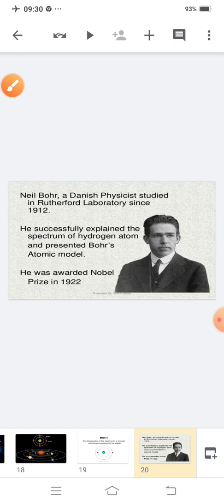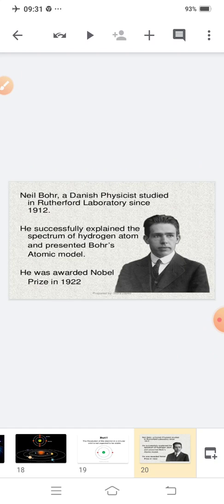He successfully explained the spectrum of the hydrogen atom and presented Bohr's atomic model. He was awarded the Nobel Prize in 1922.